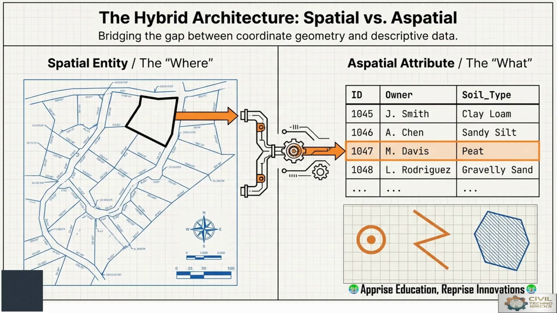But a spatial attribute is in a tabulated format where we assign ID, nomenclature, characteristics, and parameters, which are listed in a table, so that the detailed report or detailed information we can check or collect. Likewise, the vector data is spatial attribute data and the raster data is spatial entity data.